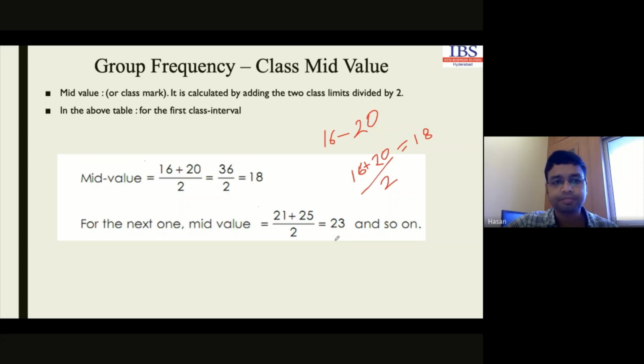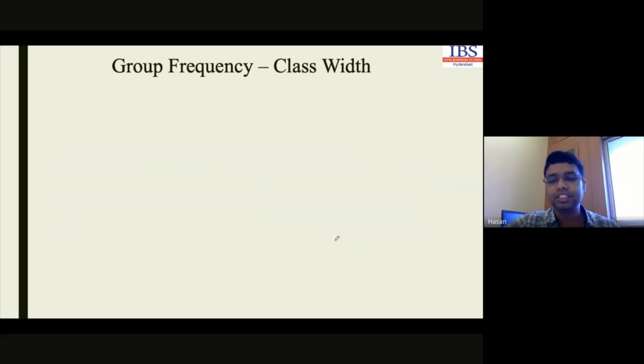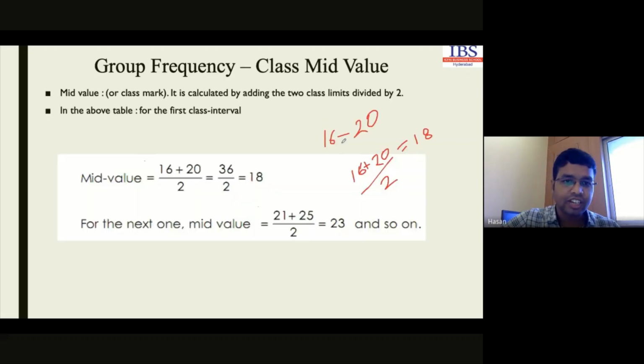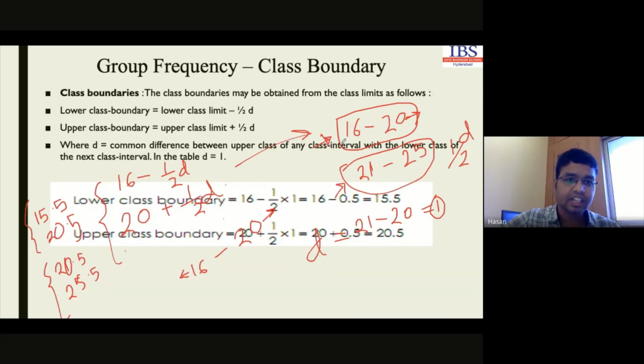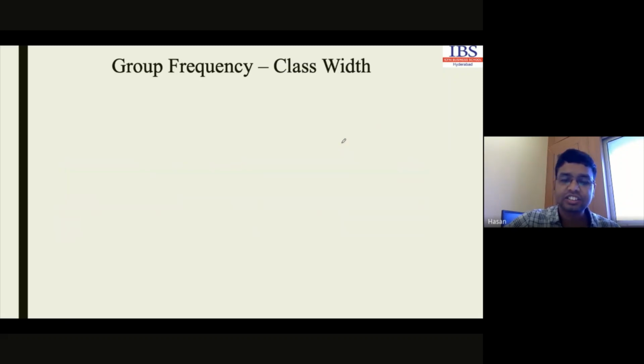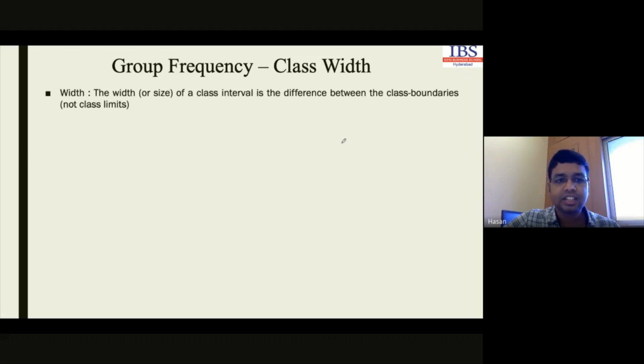Okay, next one, class width. Class width indicates the width of the class interval, the difference between the class boundaries. Class interval is the difference between the lower class limit and upper class limit. And class width is the difference between the lower class boundary and upper class boundary.